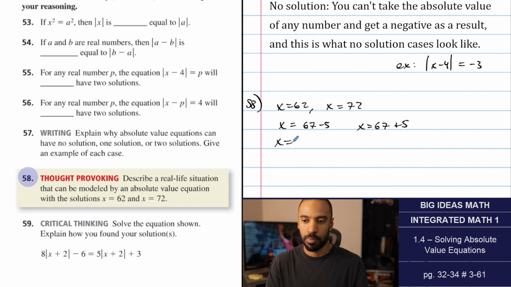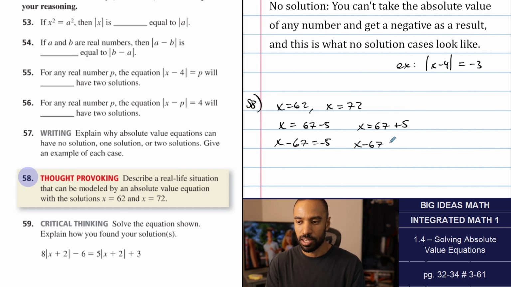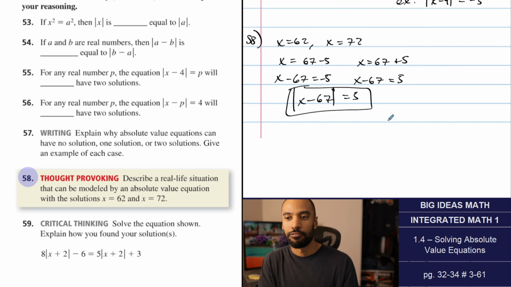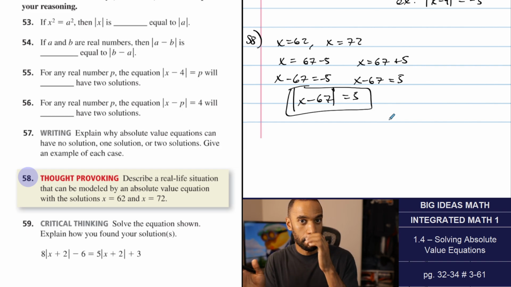Therefore, x minus 67 is negative 5, or x minus 67 equals positive 5. Therefore, the absolute value of x minus 67 equals 5. Now, here's the equation. That's not the scenario.